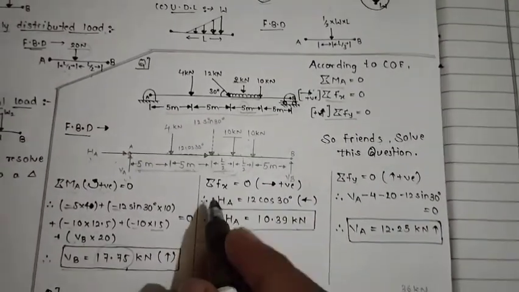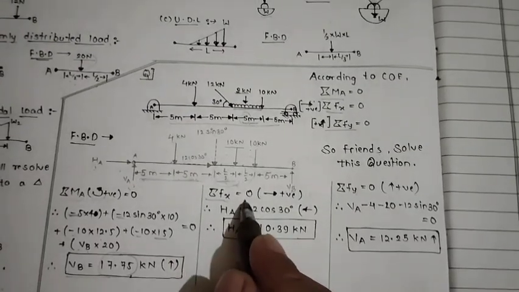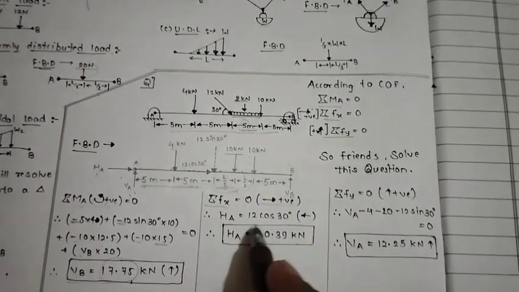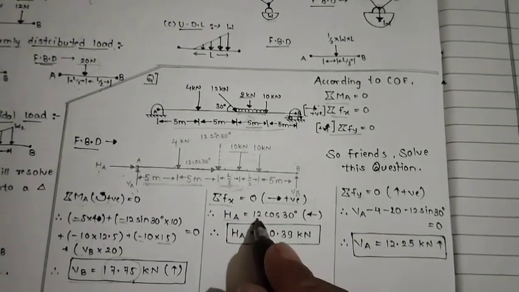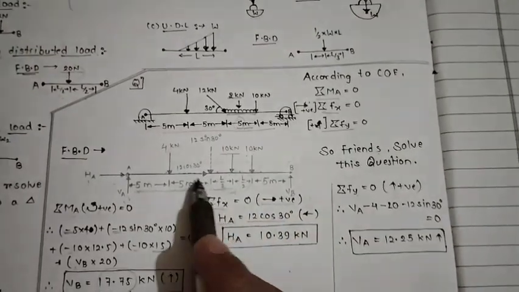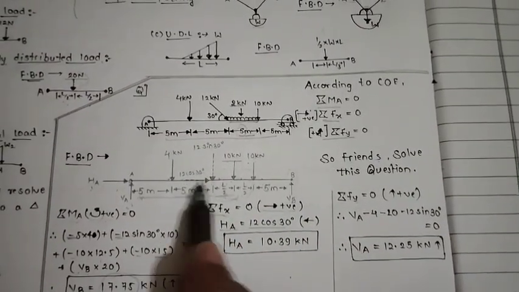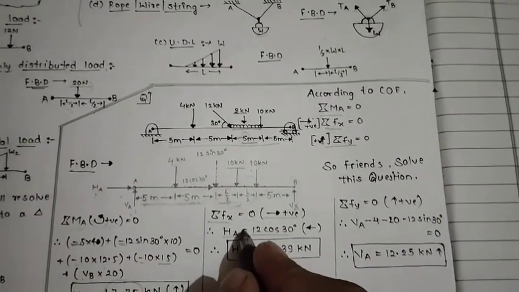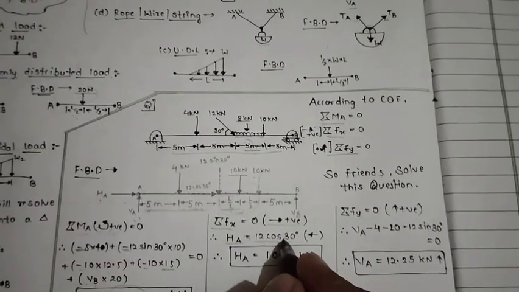Now applying the second condition, that is summation of Fx is 0. I have considered all the forces which are going rightwards as positive. So HA will be equal to 12 cos 30. Now we will see how it came. As you can see in the FBD, 12 cos 30 is going to the right side, so it will be like this, HA plus 12 cos 30.